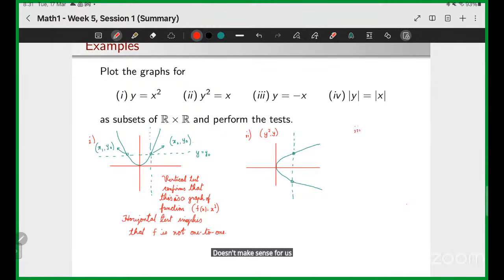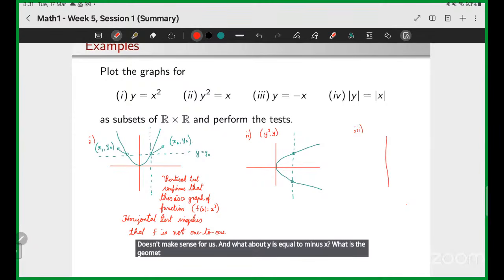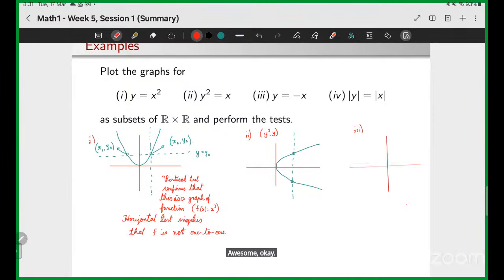And what about y is equal to minus x? What is the geometric description of this relation? It has a negative slope. It is linear, with slope minus 1.